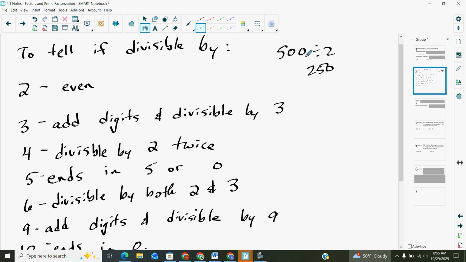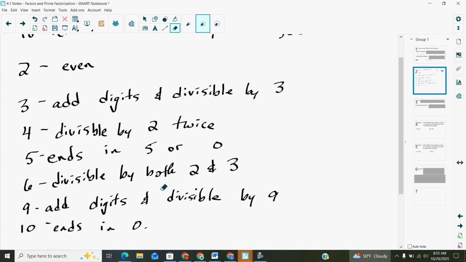But 5 plus 0 plus 0 is 5, not divisible by 3. Therefore, 500 is not divisible by 6. So notice we kind of have rules for almost all of them. 2, if it's even. 3, we add the digits and check to see if that's divisible by 3. 4, divisible by 2 twice, because 2 times 2 is 4. 5, ends in a 5 or 0. 6, divisible by both 2 and 3.